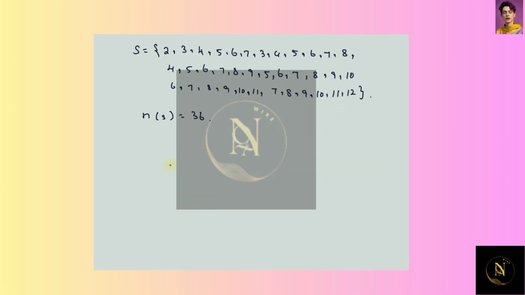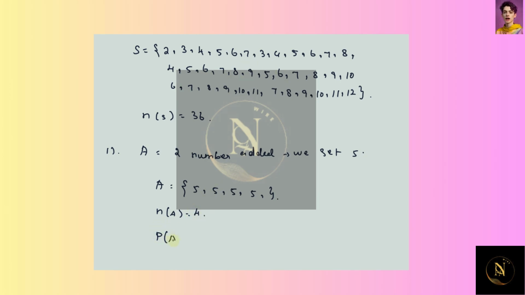Now for subpart 1, suppose the event A is that the 2 numbers added give 5. Therefore, A is equal to 5, 5, 5, 5. The number of A, that is the number of times getting 5 in the sample space, is 4.